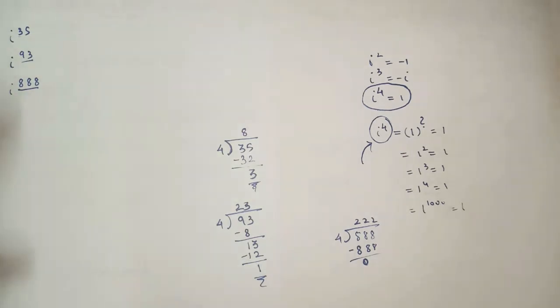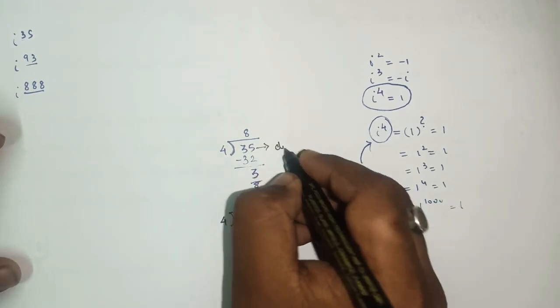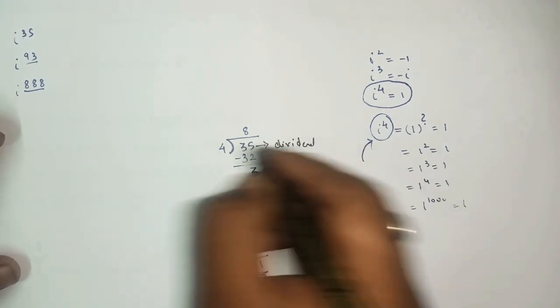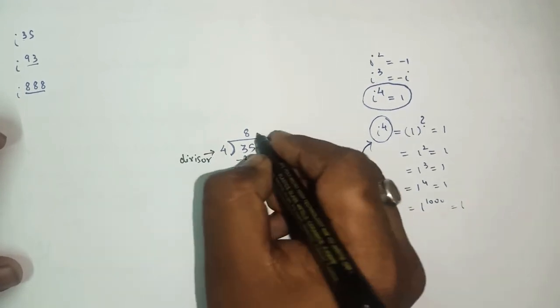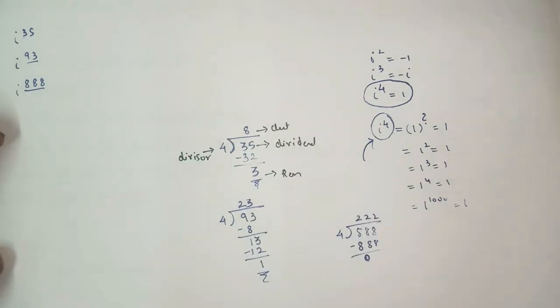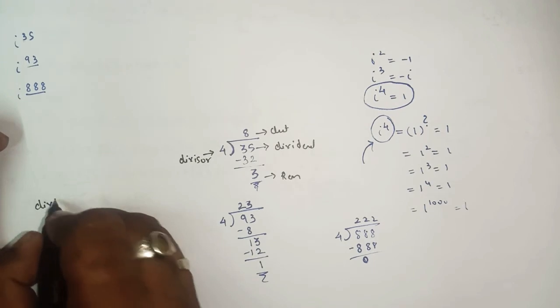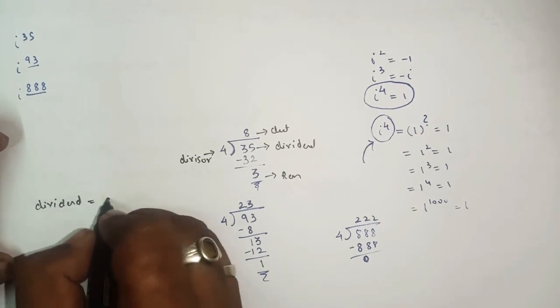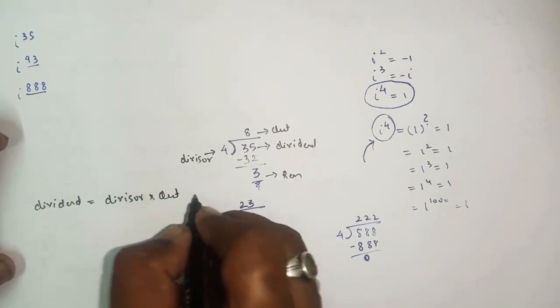So after division, what exactly you have to do? Can I say this part is the dividend, this is the divisor, this is the quotient, and here the final answer is the remainder? Yes or no? So we know the formula: dividend equals divisor into quotient plus remainder.